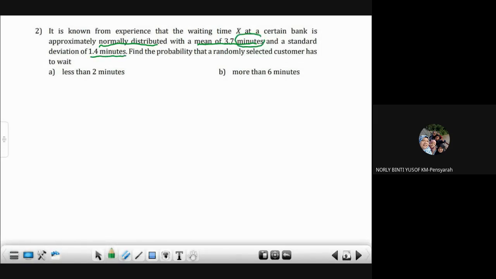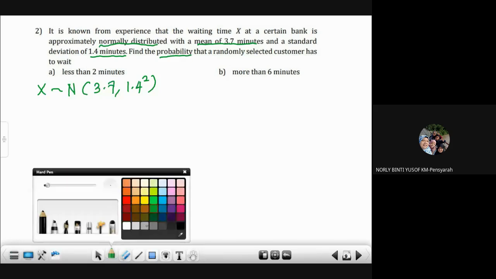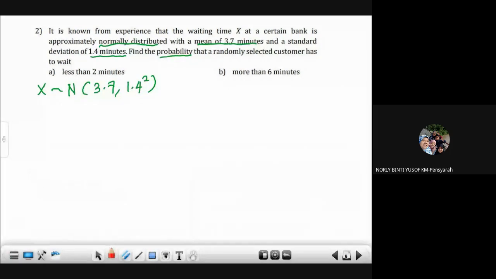Maksudnya unit SI dia pun samalah. So kita pun akan tulis distribution kita. X normally distributed with 3.7 and 1.4 squared as your variance. Okay, lepas tu find the probability that the randomly selected customer has to wait less than 2 minutes.